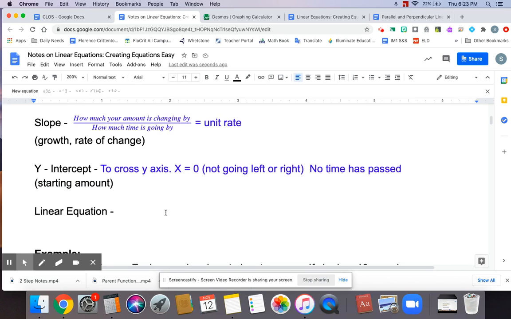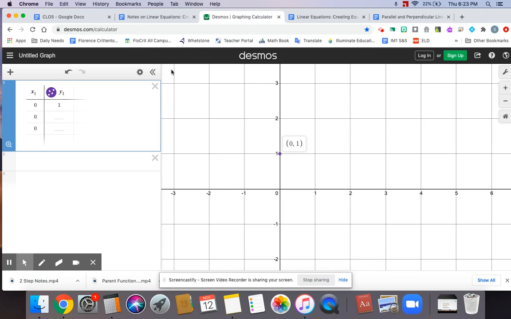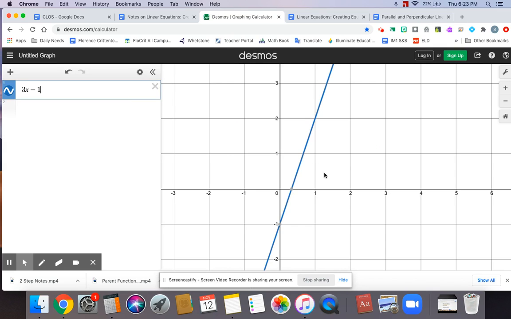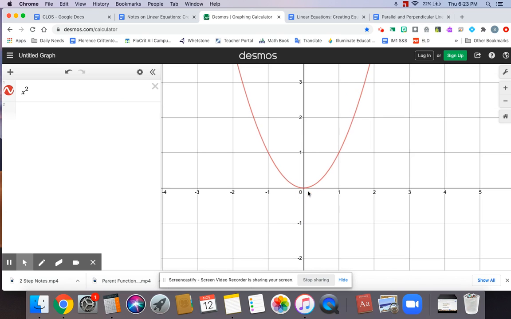So this whole unit is about linear equations, and it's a specific family type. Linear equations, when we graph them, make straight lines. There are other types of equations, like this one. See how it kind of makes that U? Or I can start making them look real weird, like this, and it kind of makes this little S shape. There are all types of equations in this world, and they all make different shapes.